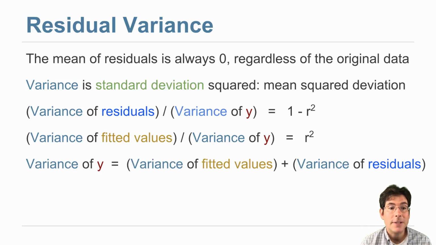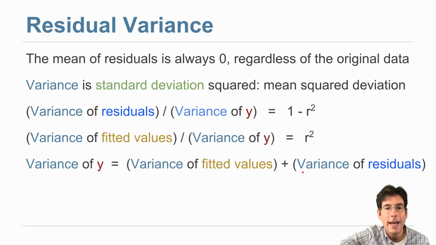Now you can put these two together and figure out that the variability of the values you're trying to predict, the y, is made up of two different quantities, the variance of the fitted values and the variance of the residuals. The way I like to think about this is that the total variability is the variability that's captured by the regression line. Since all these fitted values fall on the regression line, their variance is a property of that line.